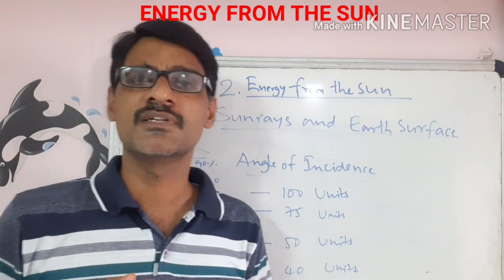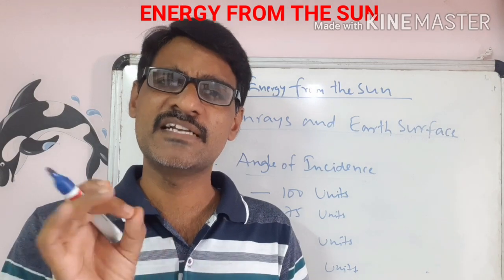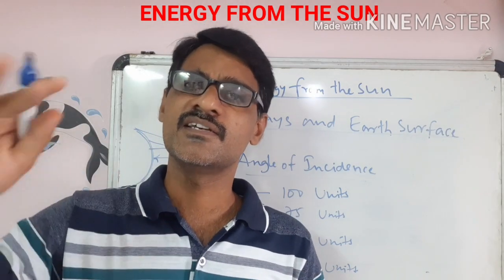Of course, the energy of the sun falling on the earth's surface is equal with a slight variation sometimes, as it is releasing constant energy throughout the year and year to year also with a slight variation.